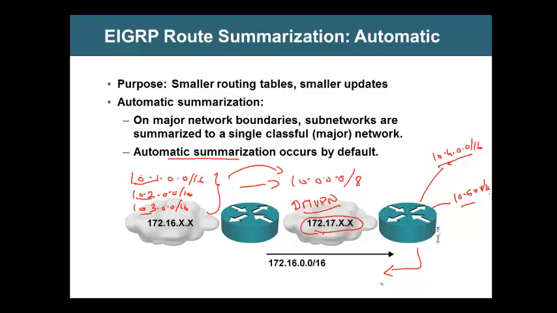I did not learn those routing concepts that deep. So this router B was advertising 10.0.0.0/8. This is also advertising 10.0.0.0/8. Will they learn each other? No, they don't learn each other.